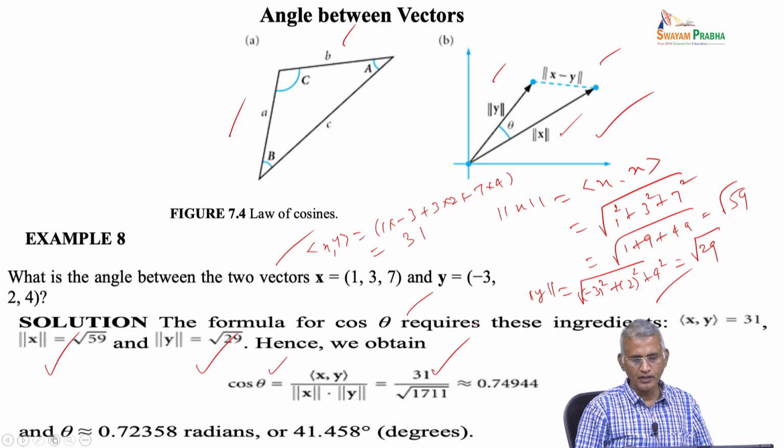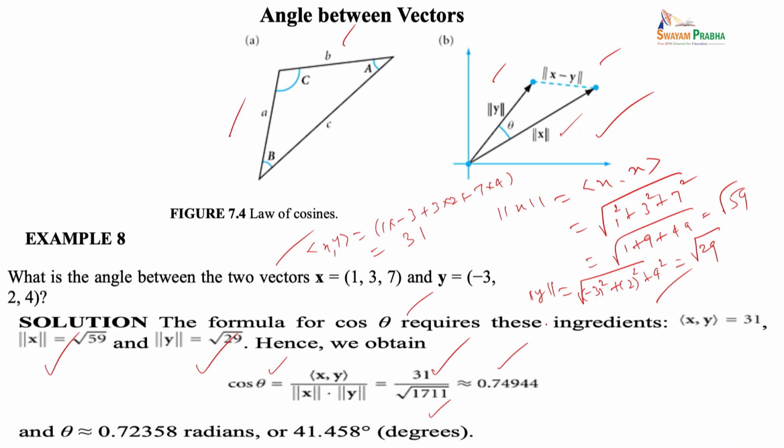So, 31 by norm x into norm y, which is root 59 into root 29, root of 1711, and simplified it is approximately 0.74944.